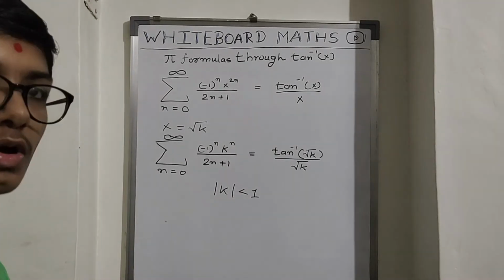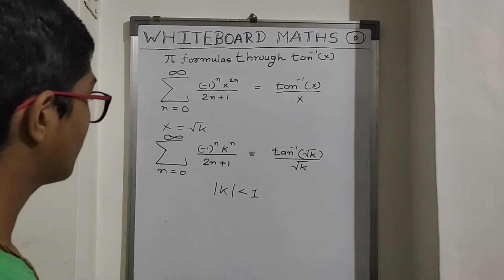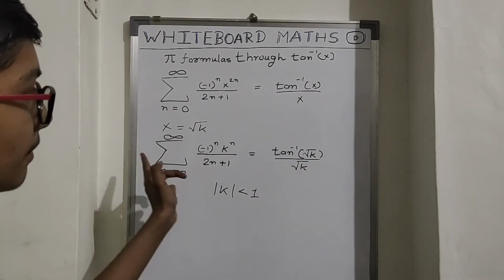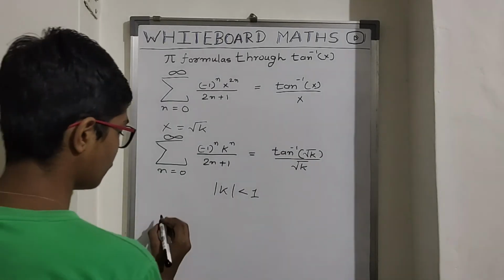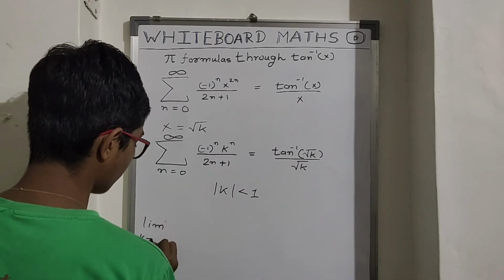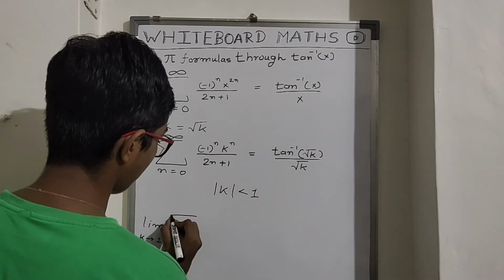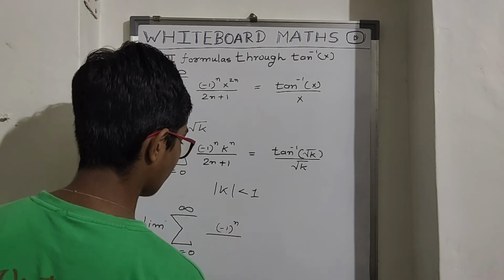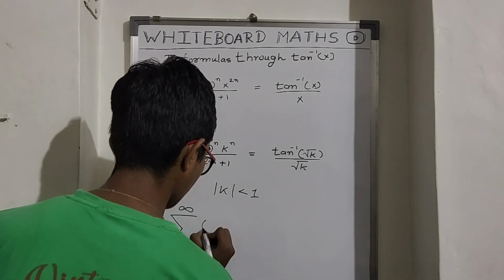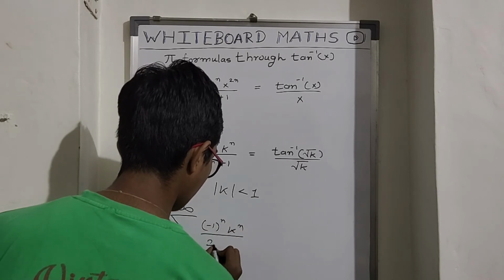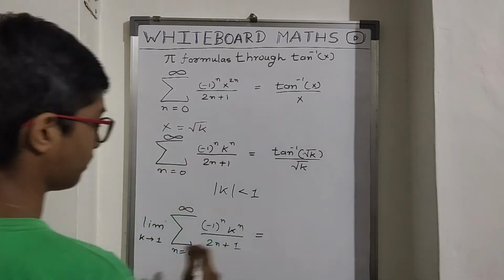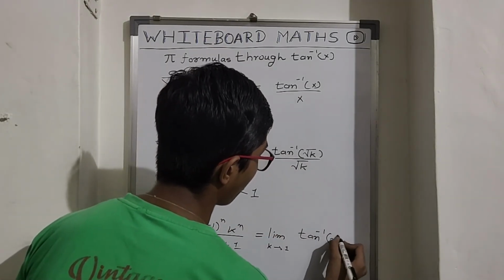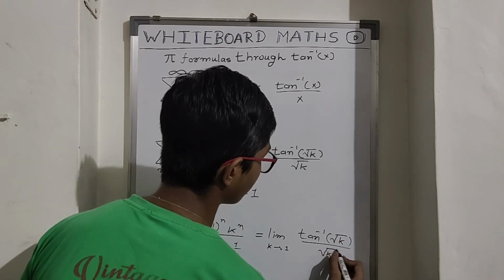So now I am going to take a special move. I will take a limit of this expression as k approaches 1, and so we will be left with this.